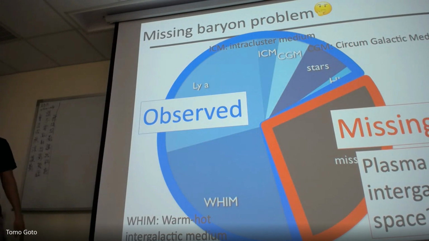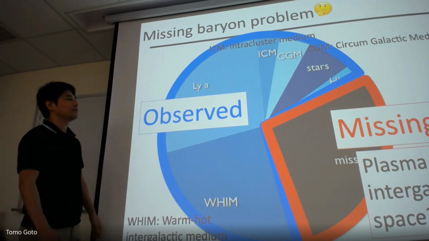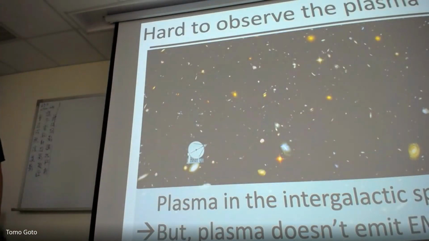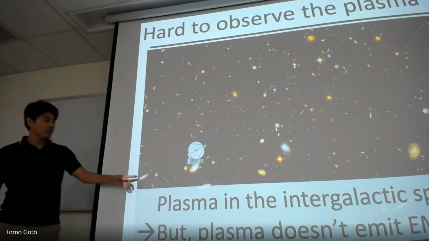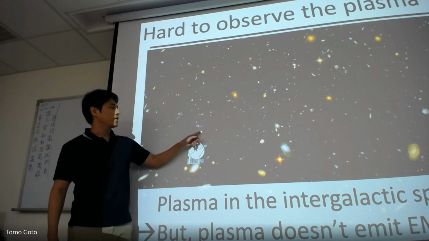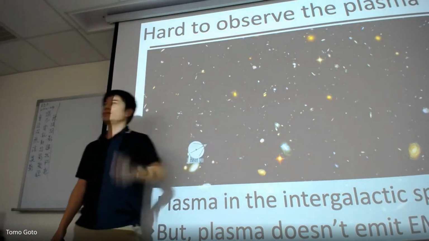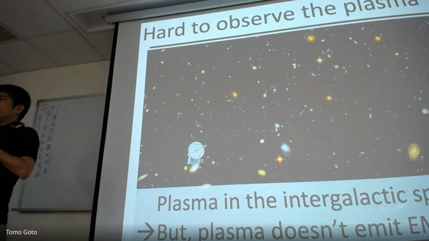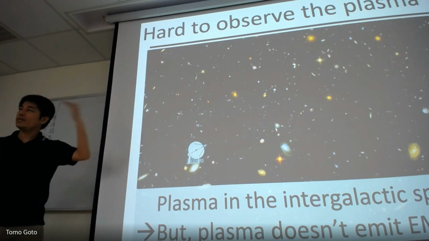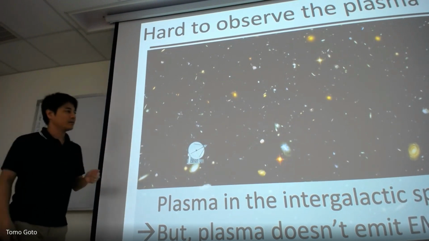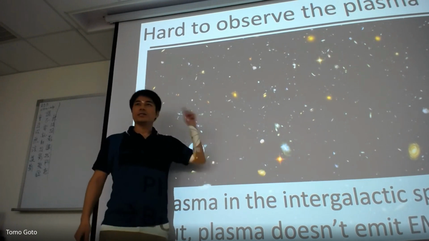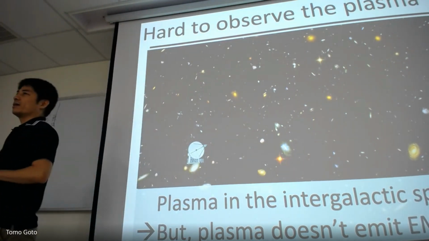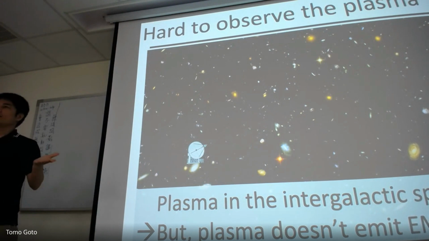So let me explain this. What is plasma? This is a picture of the universe. You see the bright dots here. They are all galaxies. When you take a picture, they are bright because they are emitting radiation. Now you see the space between galaxies. It's dark. It's black. Black means we don't detect anything in that space.